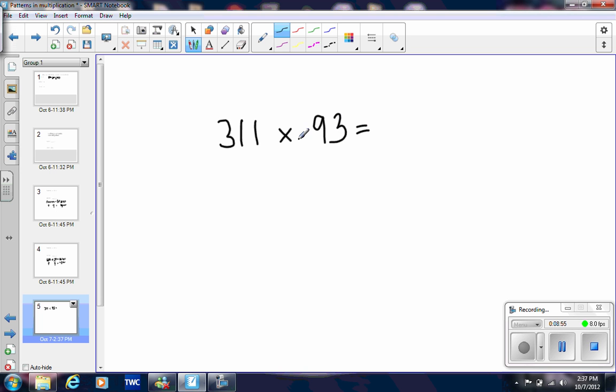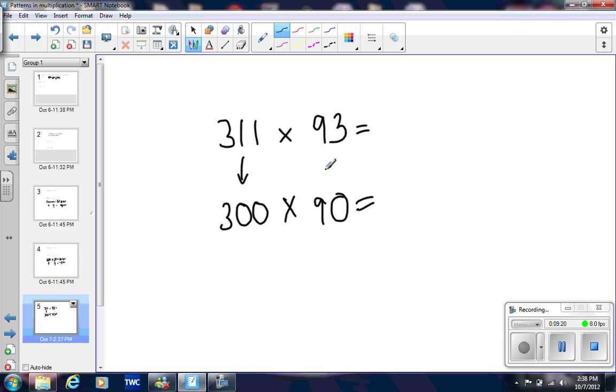So 311. I would round that. Keep that 3 just like it is because it has a 1 after it. So it's a 3 with the 1 after it. That'll round to 300. Multiply by 9 with the 3 after it. So that's 90. Keep that in. So I actually rounded down from 311 down to 300.